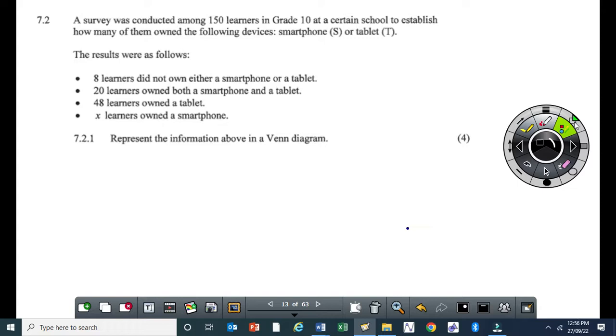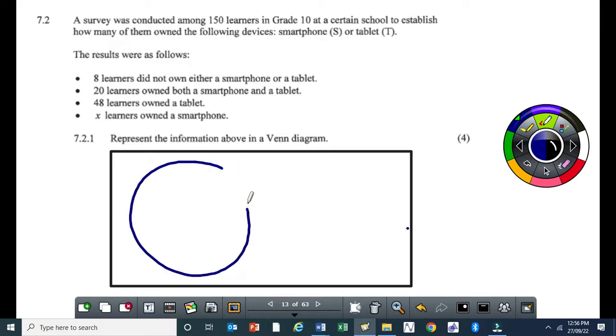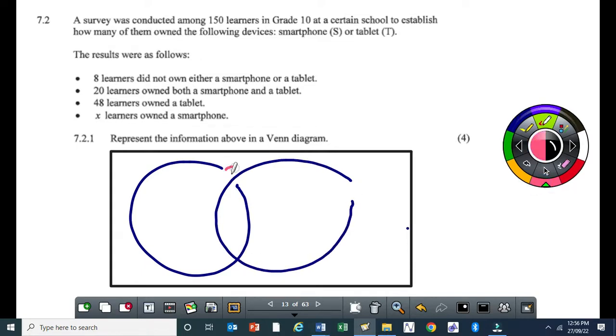So I'm going to draw my Venn diagram. So we have smartphone and then we have tablet. So first you can identify what's common for both.